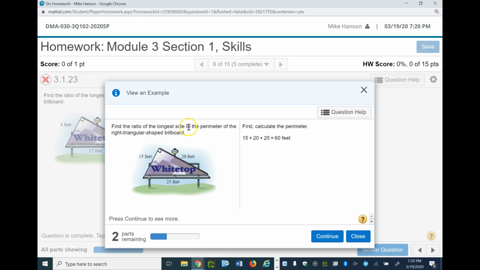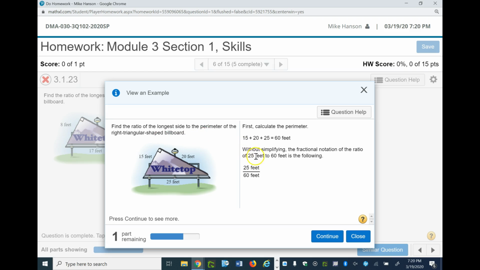Longest side to the perimeter. What does perimeter mean again? Perimeter means when you add up all the sides. Adding it all up equals 60. So longest side to 60, so 25 over 60 should be our answer for this problem.